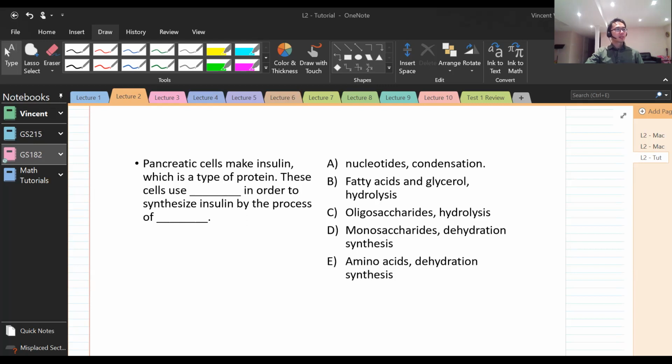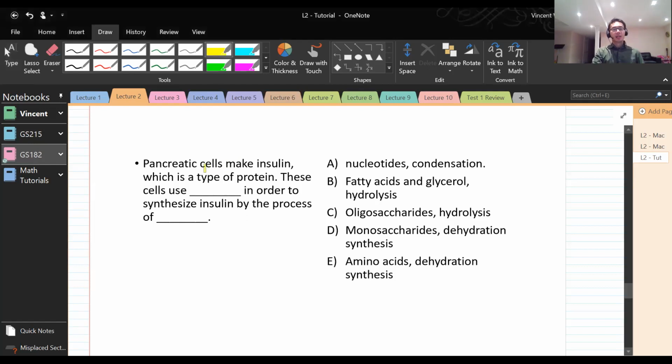Okay, a couple more seconds. Looks like the popular choices are B and E. The key word here is protein. Pancreatic cells make insulin, which is a type of protein. That's the key word here.